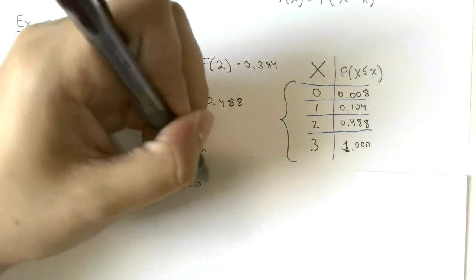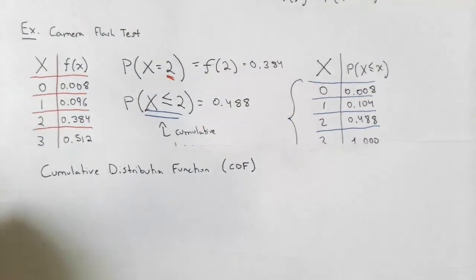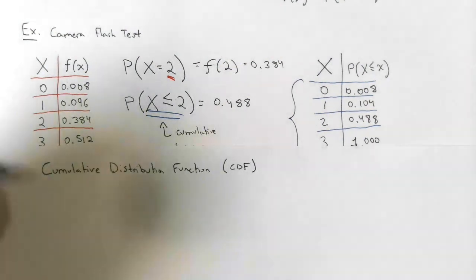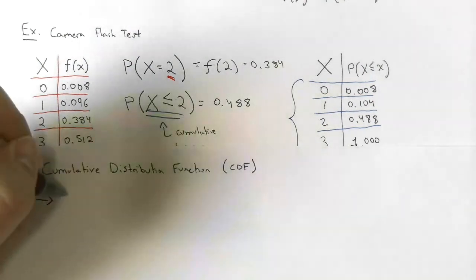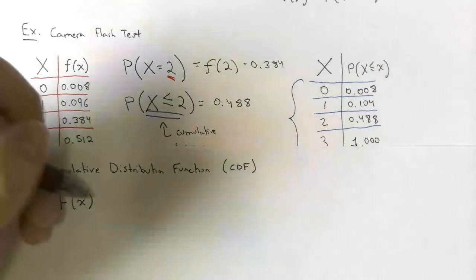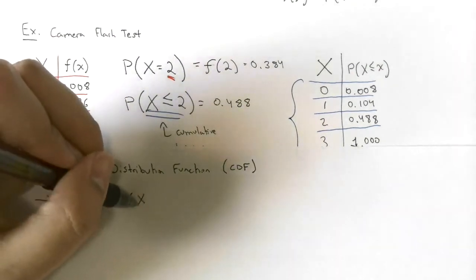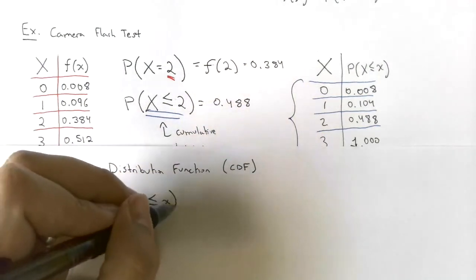I've seen it written down as CDF. Not sure if I would use that nomenclature that much, but essentially cumulative distribution functions follow these properties. First of all, we typically write it down as capital F, and that is equal to the probability that my random variable is less than or equal to any of the outcomes.